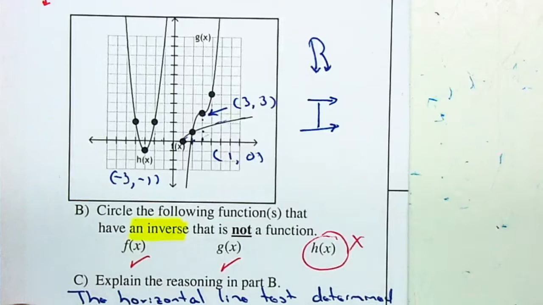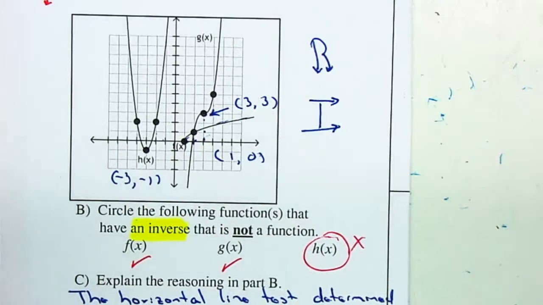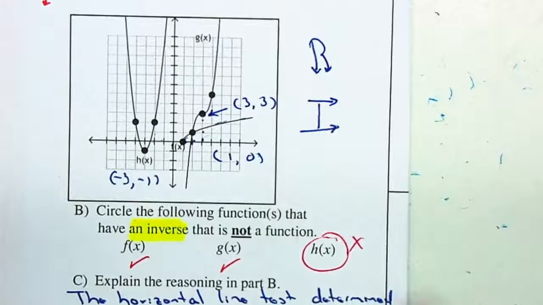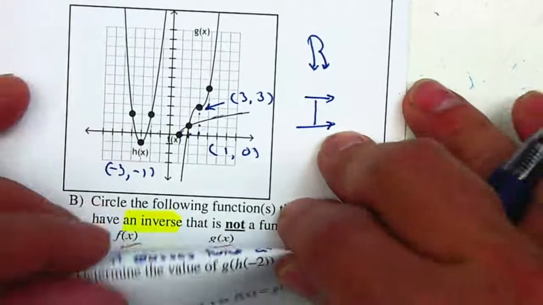I'll try to provide more space on your test. Let's jump over to letter D, and let me go and fold it so we can see it.